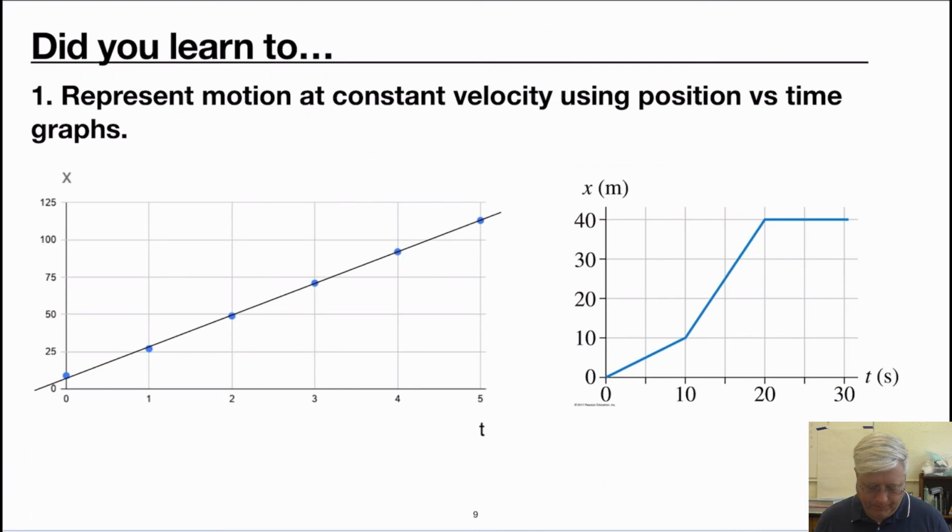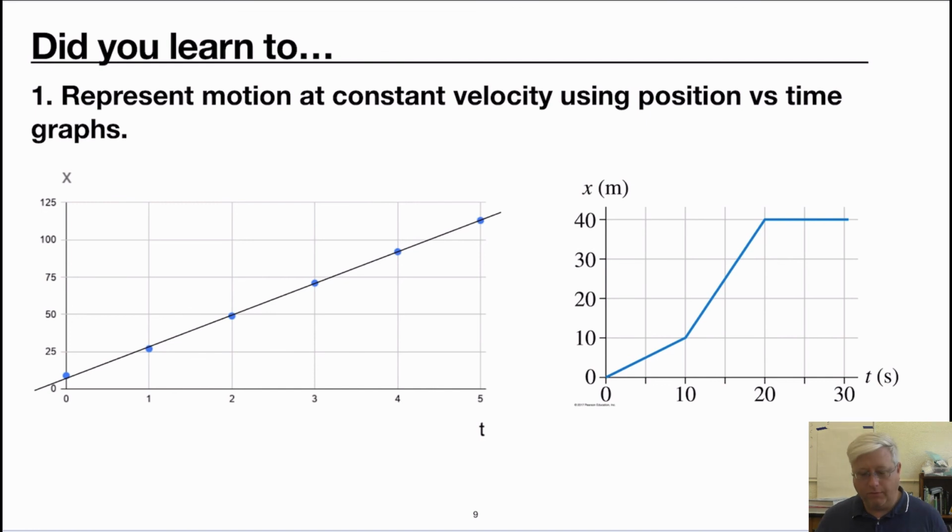Okay, so this lesson is pretty short, but I just wanted to focus on really looking at these position versus time graphs at constant velocity, at the uniform motion model. So we learned to represent motion with constant velocity using these position versus time graphs.